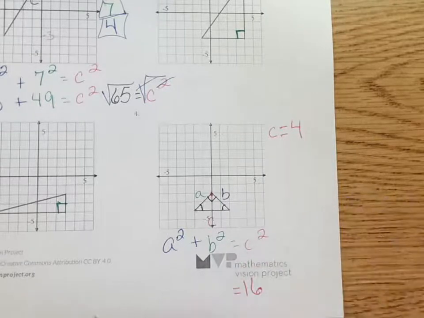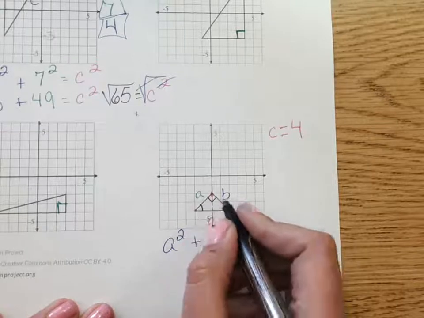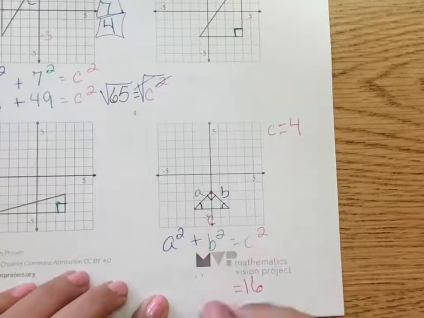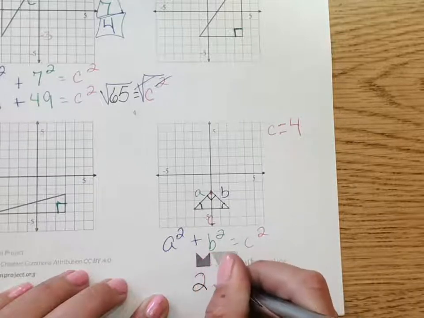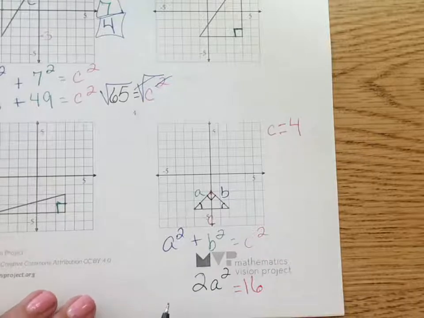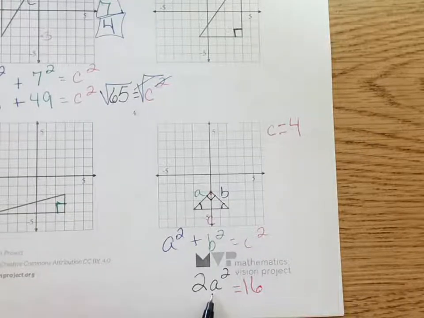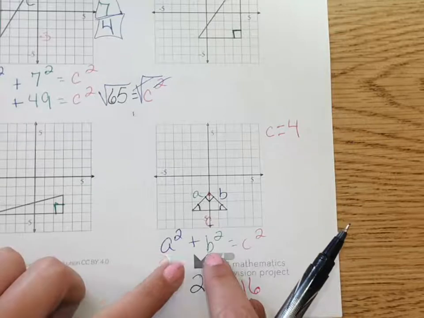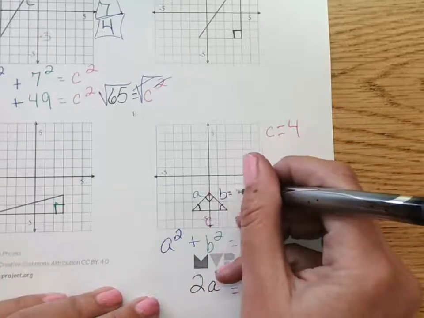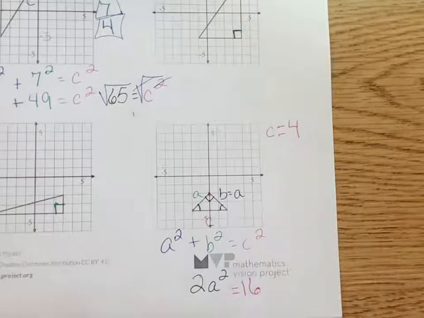So, really, if A is equal to B, which they are, 2A squared equals 16. If you want, you can choose a different variable if that's confusing. But these guys are equal to each other. So really, B is equal to A. So I can do 2A squared equals 16.